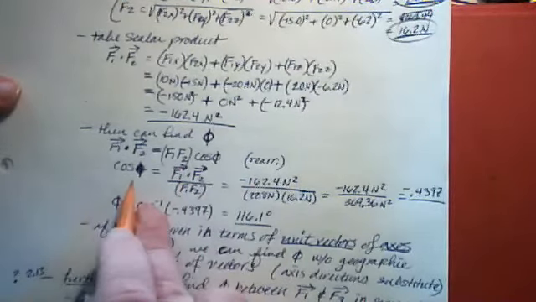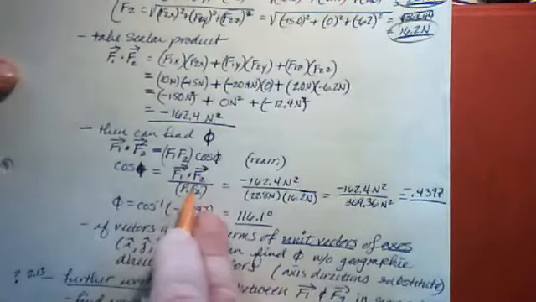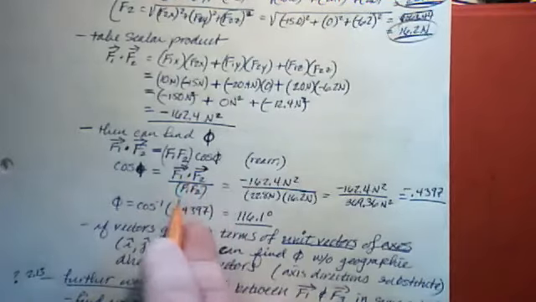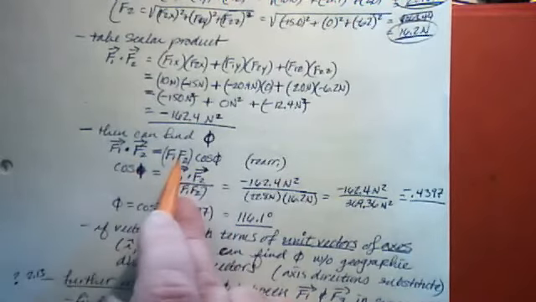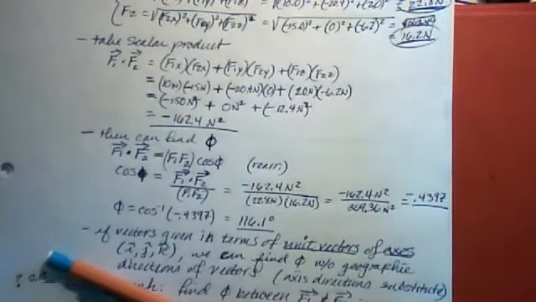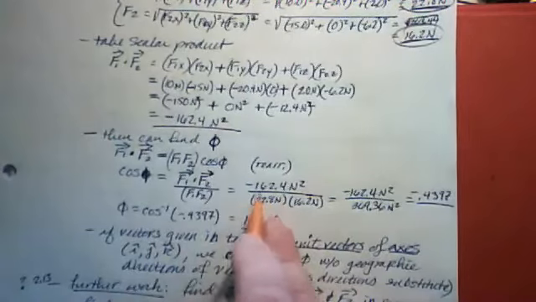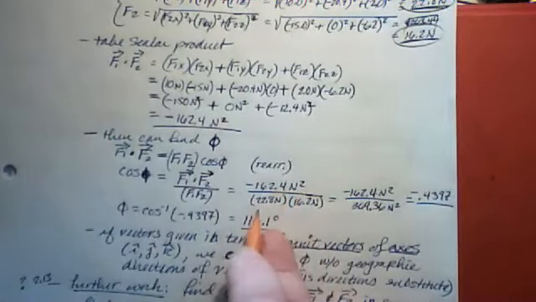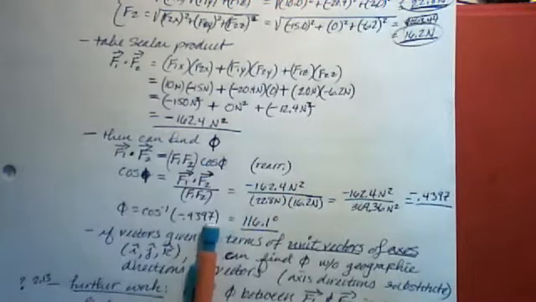So in other words, cosine phi is F1 dot F2, that is the dot product of the two vectors, divided by the magnitude of F1 times the magnitude of F2. So it's this divided by this. And that equals negative 162.4 newtons squared over 22.8 newtons times 16.2 newtons.